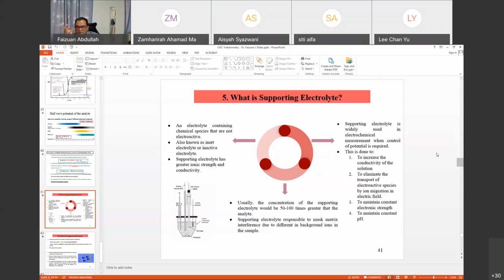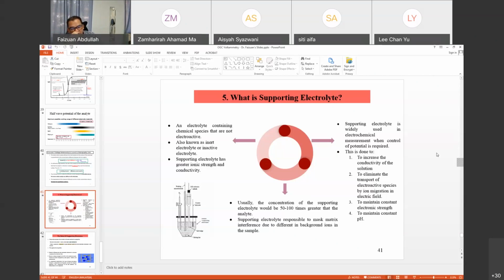Dia dalam electrolyte ni dia ada chemical species yang tidak elektroaktif dan juga inert. Okay. Dia tak akan mengganggu dekat working electrode. Dan dia juga ada ionic strength dan juga conductivity yang tinggi.